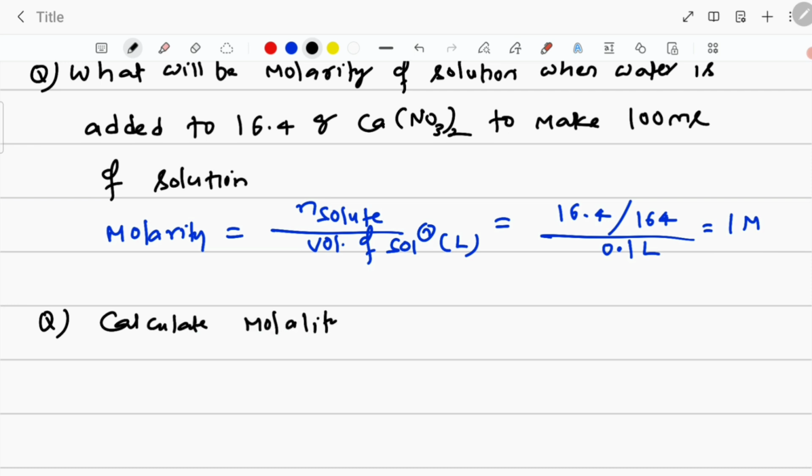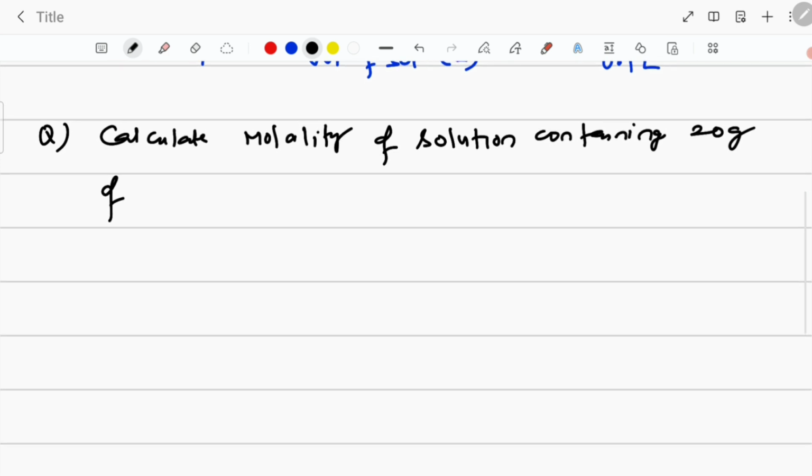And then the next question. Calculate molality. Once again, look at the question. The previous question was based on molarity. The new question is based on molality. Calculate the molality of a solution containing 20 grams of NaOH in 250 grams of water.